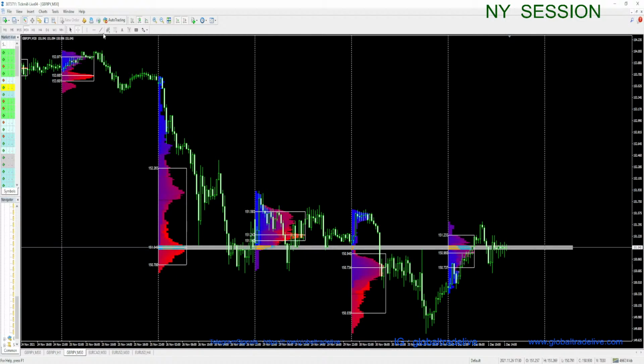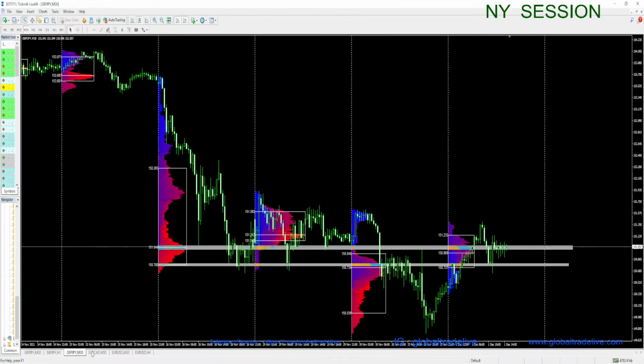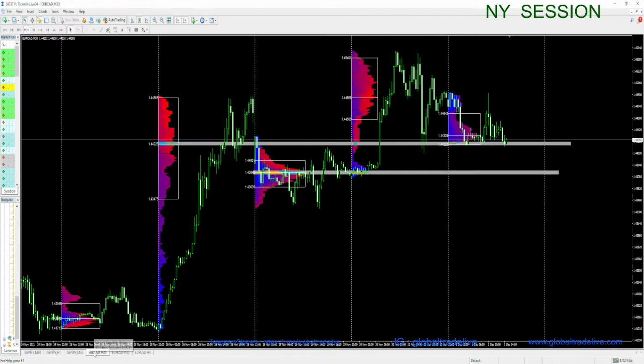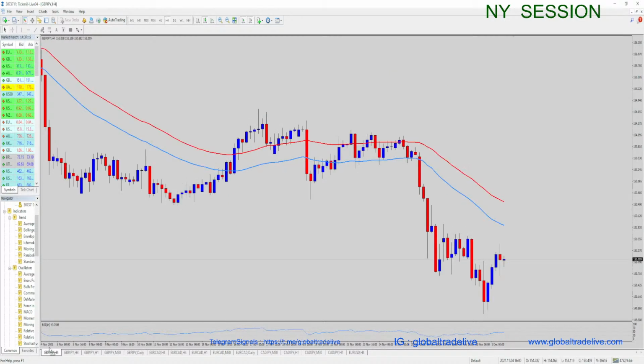But if I look at this low volume area, then it should move up, because it has tested the low volume area, it rejected that area, and it should move up, I think. Yes. So according to me, EuroCAD should be moving down and GBP should be moving up.